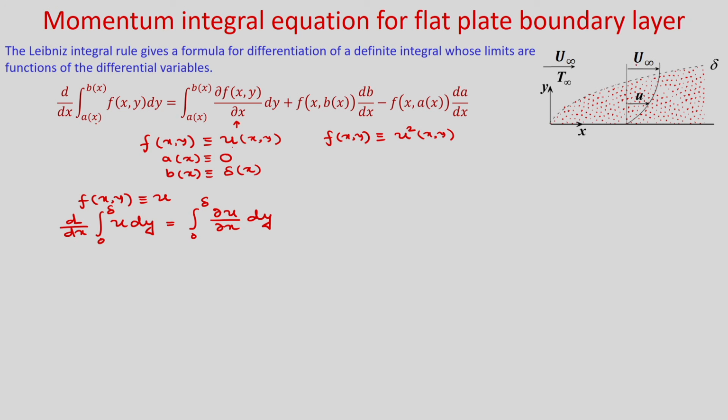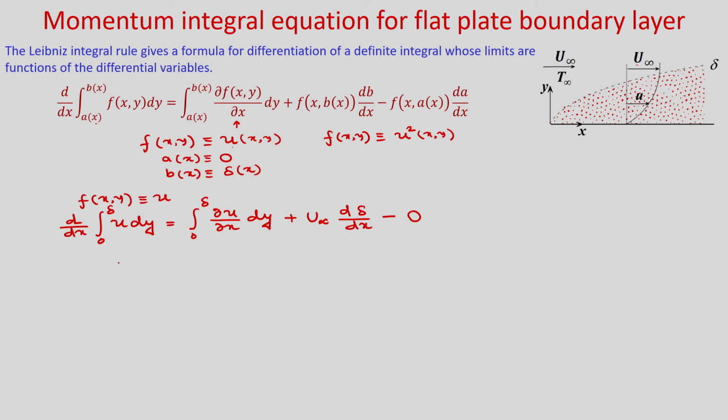What is that? That is your free stream velocity. So, you can write plus u infinity, and b is your delta, so d delta by dx, and minus the term at y is equal to 0. That is 0, so a is also 0, so this term will become 0.